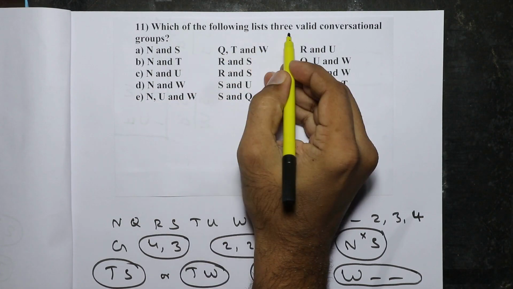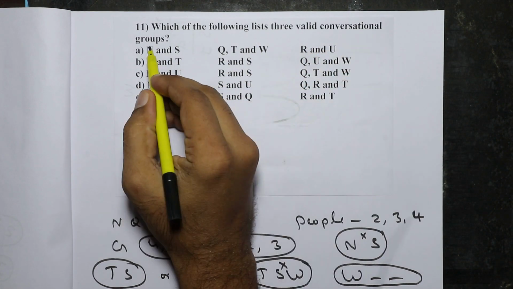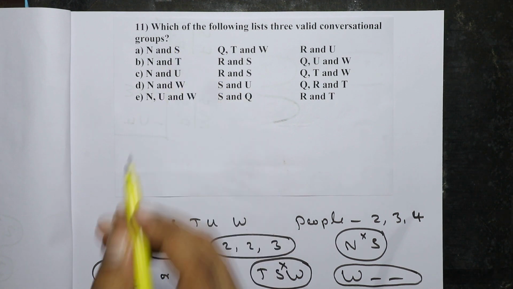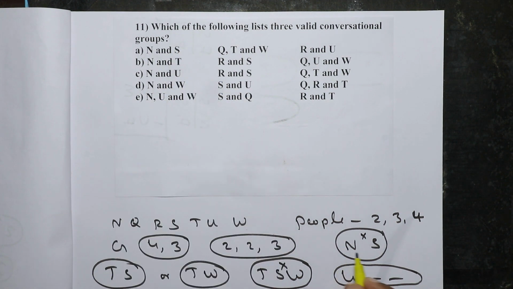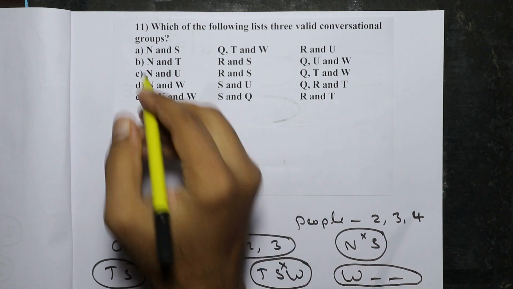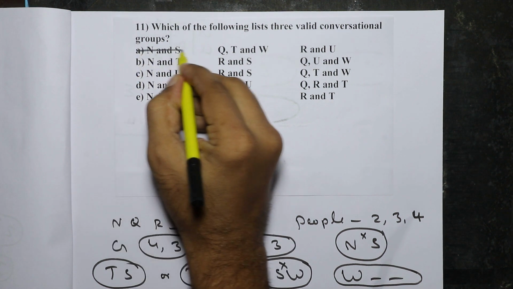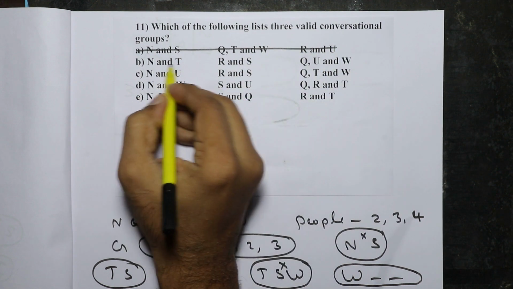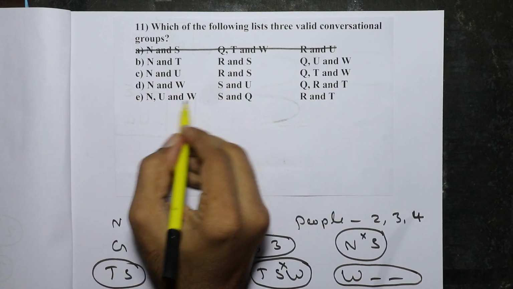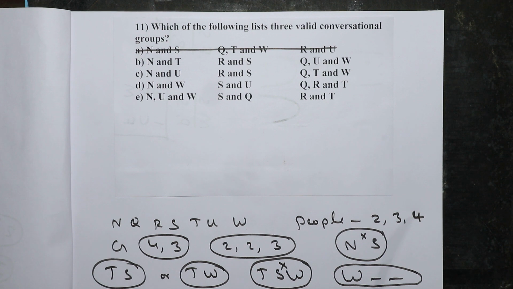Which of the following lists 3 valid conversational groups? One condition is that N and S cannot be in the same group. So here you have N and S, that is not allowed. Here it is okay, here okay, here okay, here also it is okay. Now let us look at the other conditions. It can be TS or TW, but TSW is not possible.